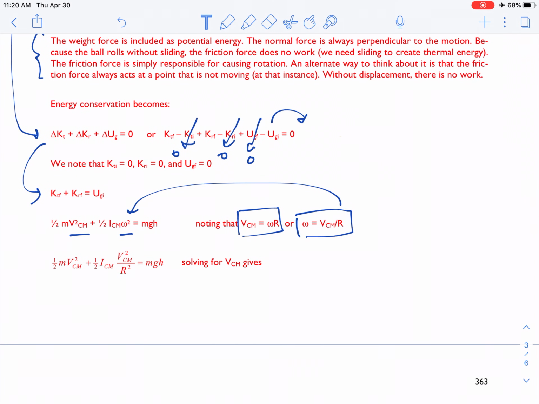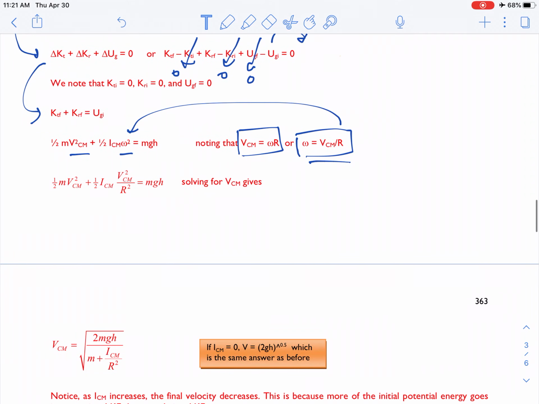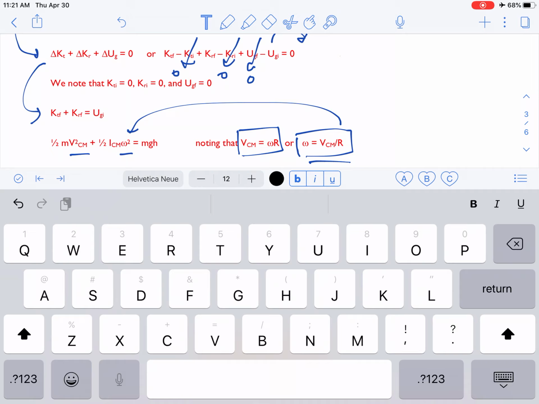So it looked like we had two velocities, but now you can see that we have only one, and we are going to solve for that. So that's why we wanted to use the second relation instead of the first one, right? We wanted to get rid of the angular velocity instead of the linear, because we are trying to solve for the linear velocity. Okay, so rearranging this equation, I would first put those V center of mass together.